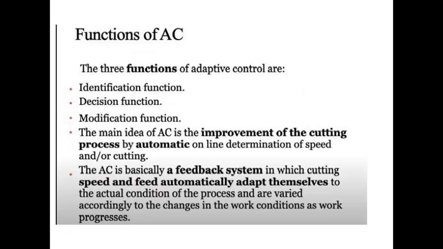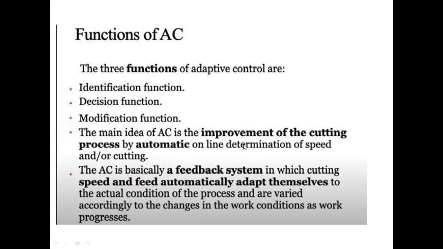Now you see functions. The three basic functions of an adaptive control are these: identification, decision, and modification. It's quite intuitive, right? You have to firstly identify, and then make a decision, and then make some modification based out of that decision. So main idea of AC is the improvement of the cutting process.